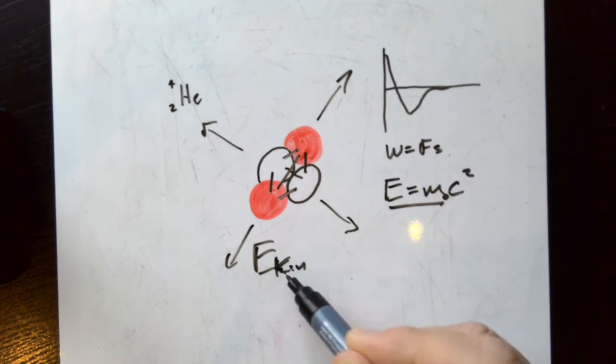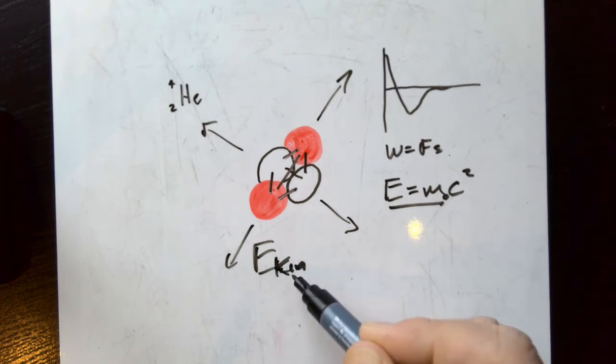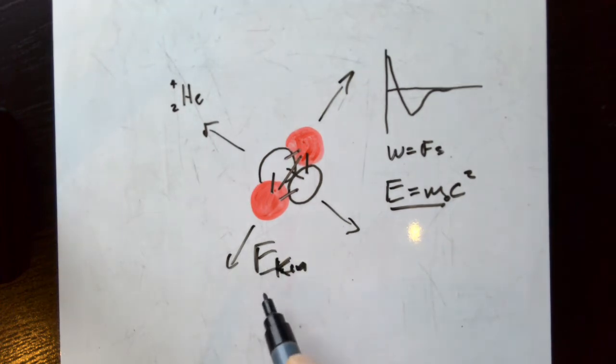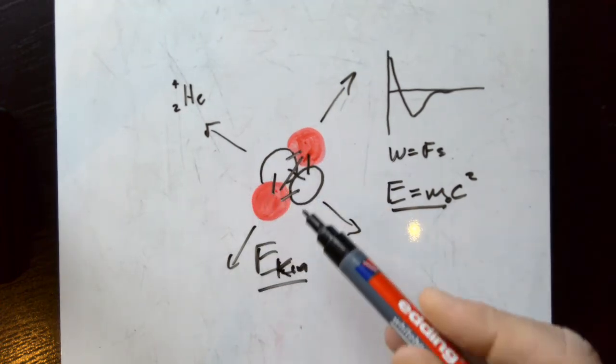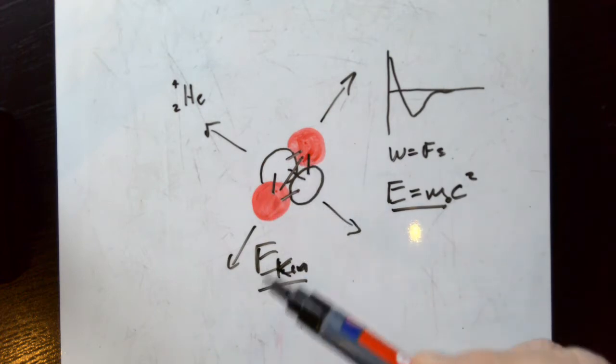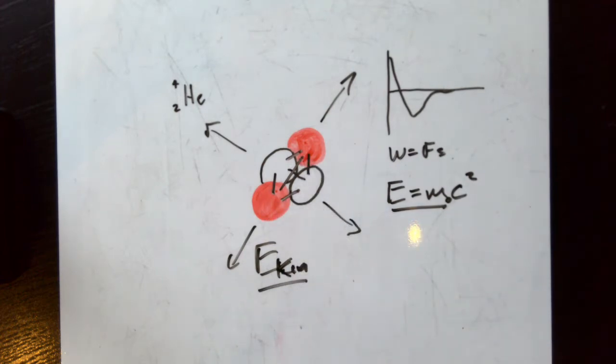So the vast majority of energy, all of the energy being released, is coming out from that original store as kinetic energy. So our electrostatic, or the nuclear strong force store, giving us our energy, is then released as kinetic energy.